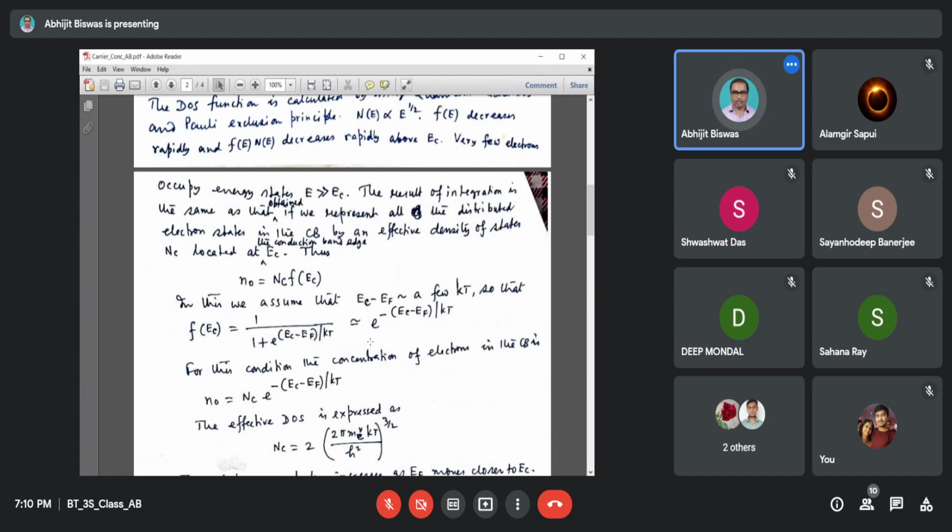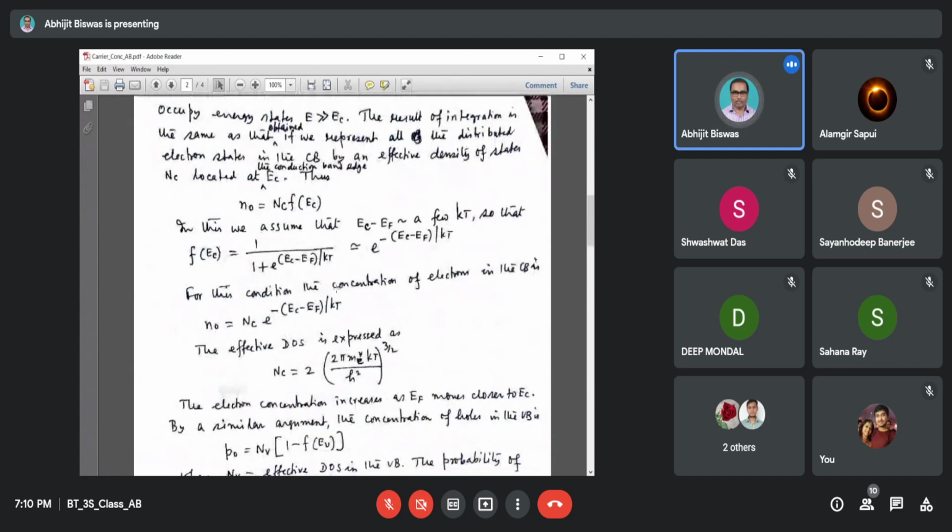Therefore, if we use this Fermi-Dirac probability function, and EC minus EF is a few kT, then f of EC is equal to 1 over 1 plus the exponential of EC minus EF by kT, and this exponential factor in the denominator is much higher compared to unity.